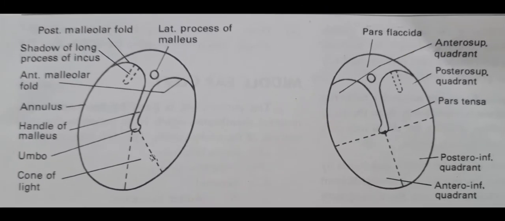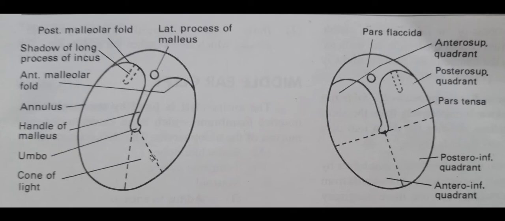The pars tensa, the tense part, is larger, and it is thickened peripherally into the fibrocartilaginous annulus, which fits into the tympanic sulcus.